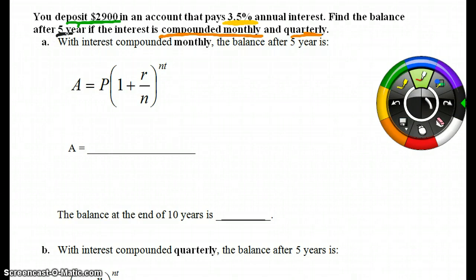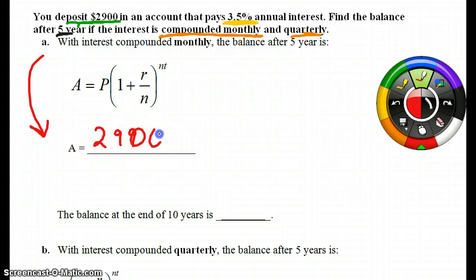So the first thing I want to do is show how to translate words into our math formula. The amount of money that we'd have left: P is what we start with, times 1 plus the interest rate. The interest rate needs to be in decimals.